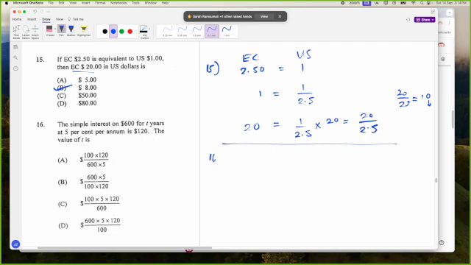Number 16. The simple interest. Well, guess what? The only thing I know about simple interest is principal by rate by time over 100. That is all that the curriculum requires me to know. That is all I care to know, right?